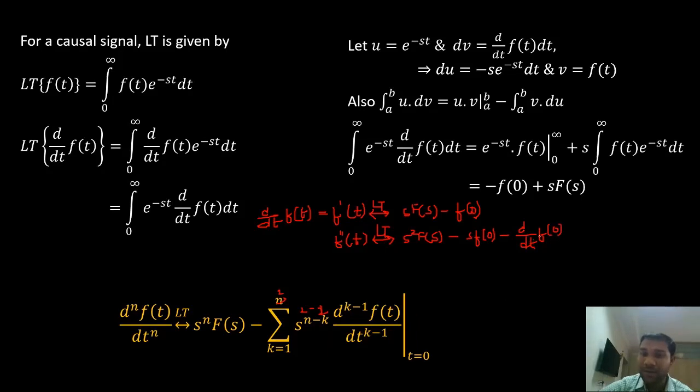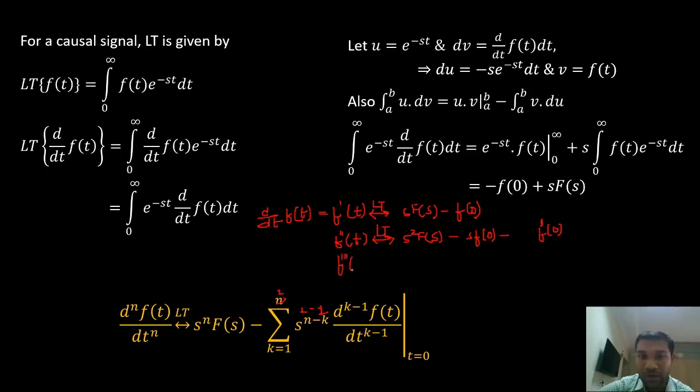So this d by dt of f of 0, I can write as f dash of 0.